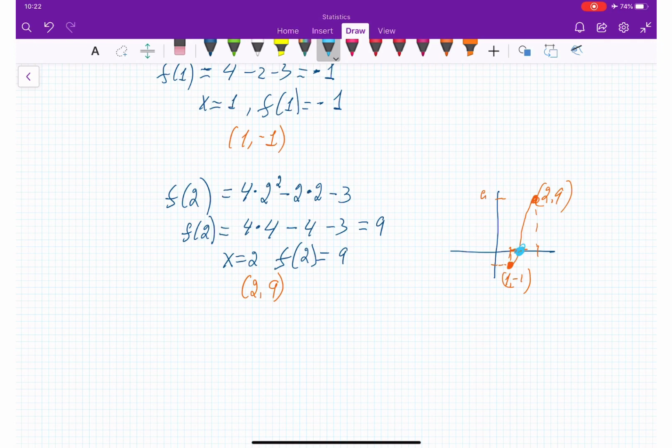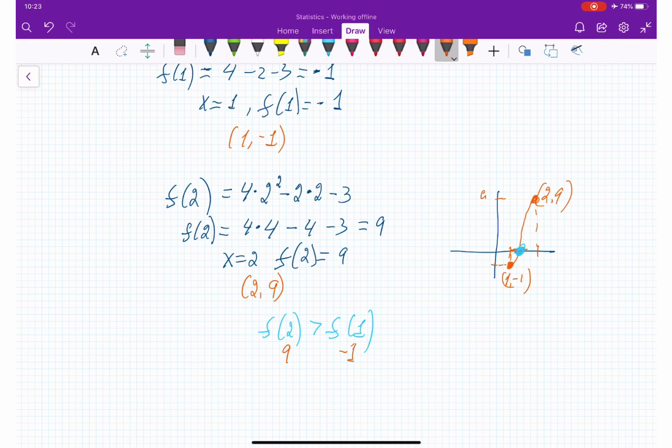Algebraically, we can say that f of 2, which is 9, is greater than f of 1, which is negative 1.